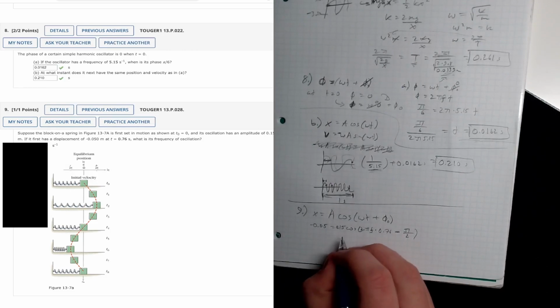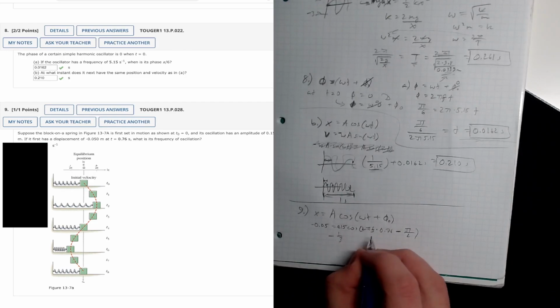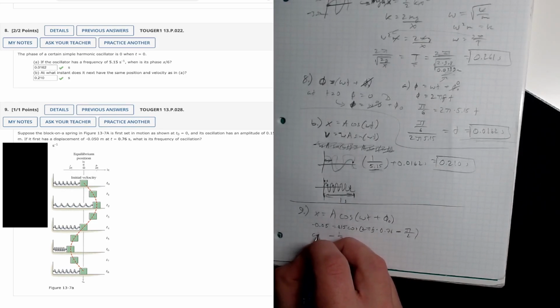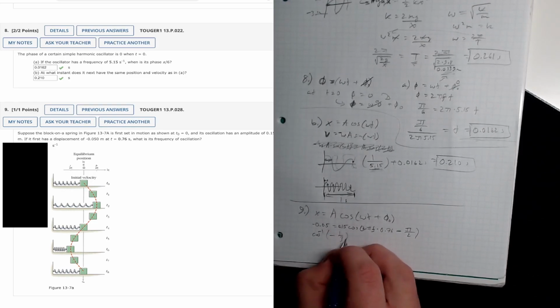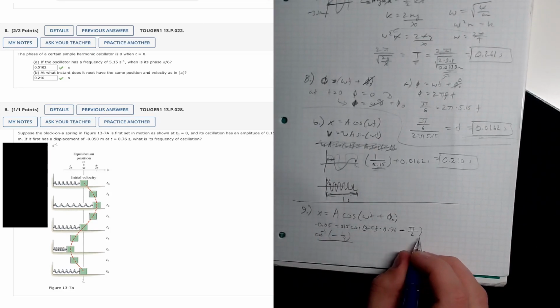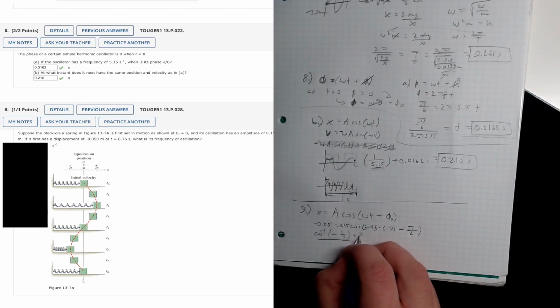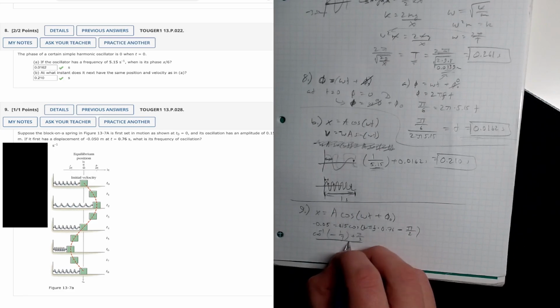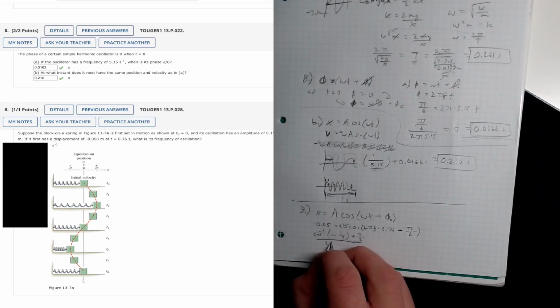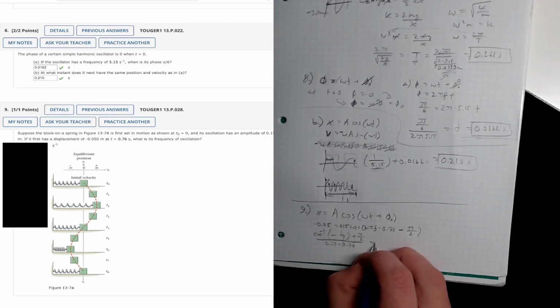Divide both sides, negative 1/3, arc cosine of this equals all of that. So first of all, plus pi over 2, all divided by 2 pi times 0.76 equals f.